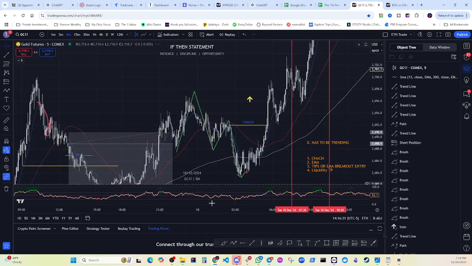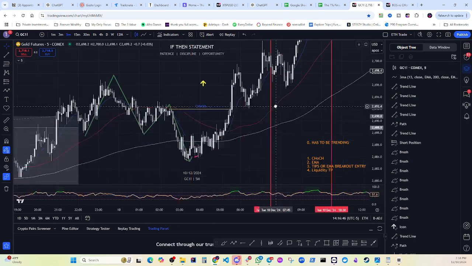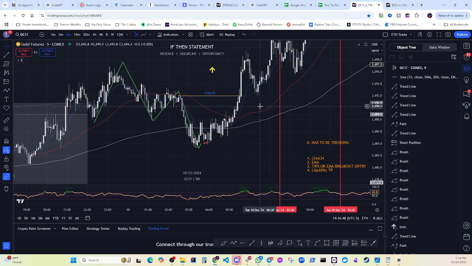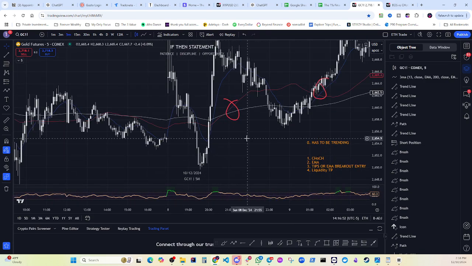The one for today, I wouldn't enter. It broke underneath that. We wanted to reject it like this candle, and then have a bullish candle. I'm gonna make another video for entry candles so you guys can really understand what I'm talking about. But literally, I'm gonna look for another opportunity.